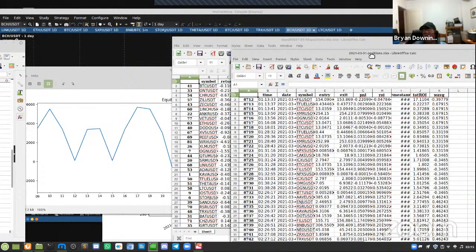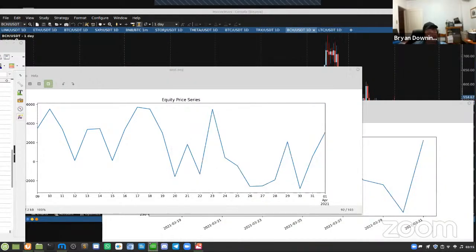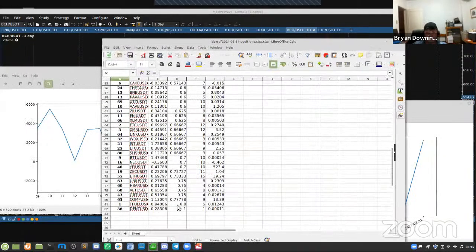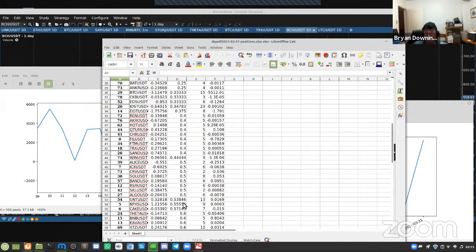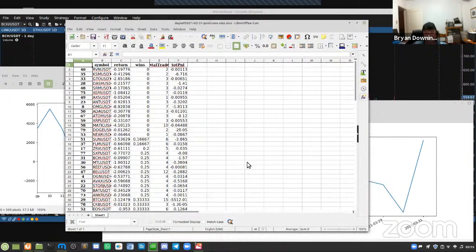Now, I've shown individual coins, and here's the condensed one. This is for yesterday, the 31st. What I show you here are the columns.